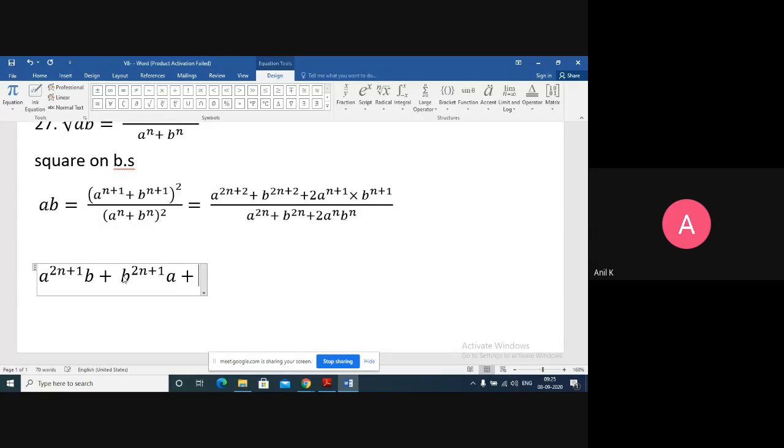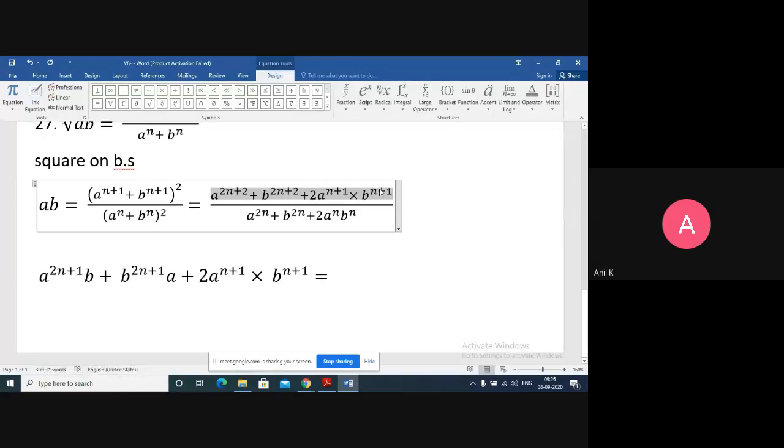Plus, now AB will multiply with 2 into a power n, b power n, so I am going to get 2 into a power n plus 1 into b power n plus 1. That's what I am going to get, equals to this numerator term will remain as it is on the right hand side.